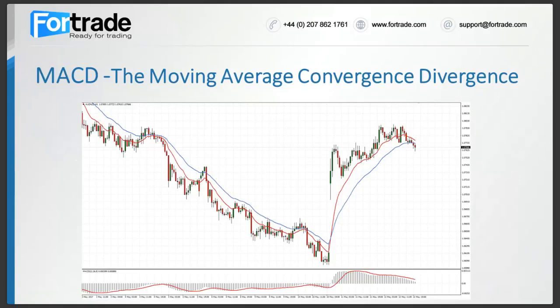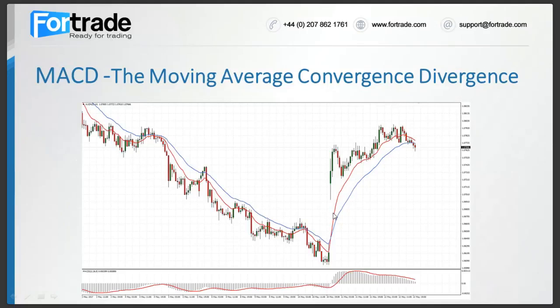Convergence simply means the moving averages are moving close together, and divergence simply means that they are moving away from one another. When the short-term exponential moving average is above the longer-term moving average, the upper area on the indicator will show activity.